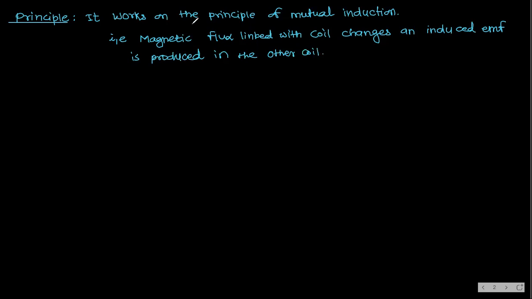Okay, so it works on the principle of mutual induction. That is, when magnetic flux linked with one coil changes and induced EMF is produced in the other coil. This is what the principle of transformer.